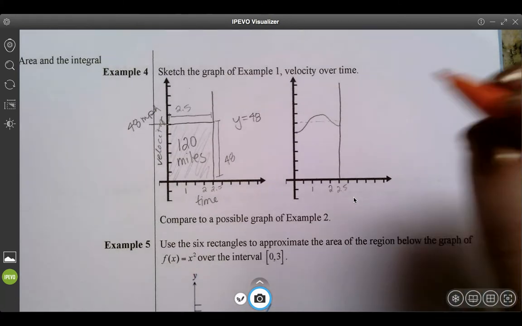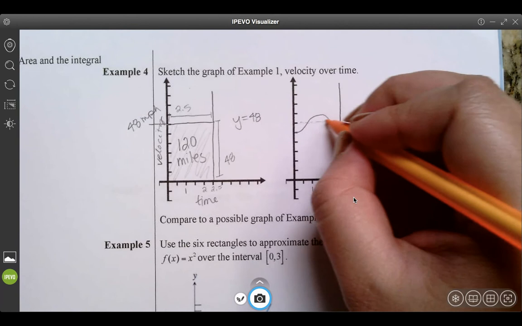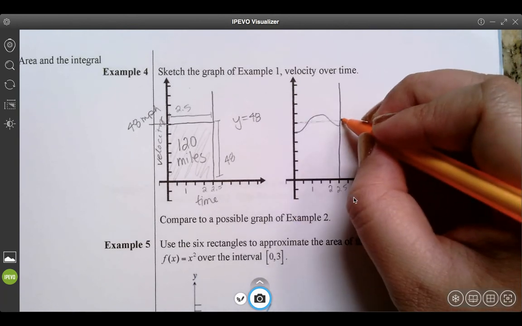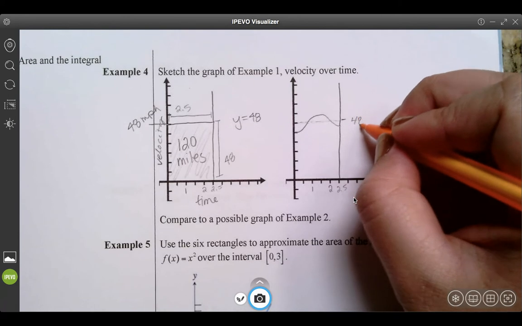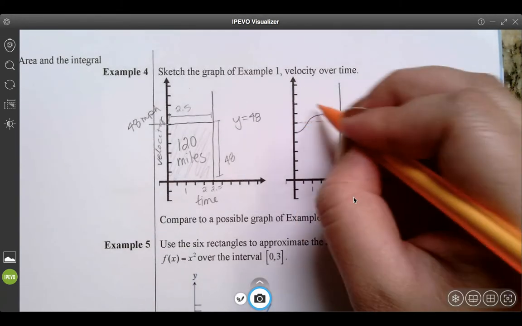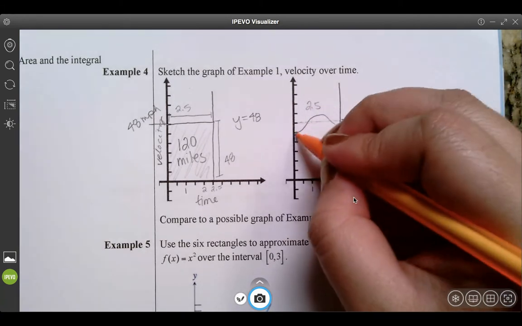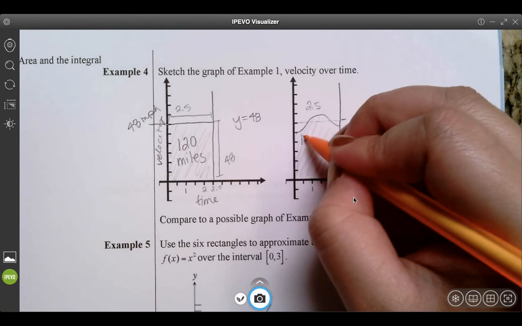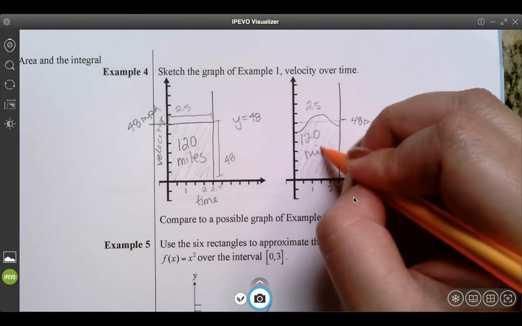But the average of 48 is still the height of a rectangle. So the height of this rectangle is still 48 miles per hour, and the width of this rectangle is still 2.5. And so that 120 still represents the area under the curve.